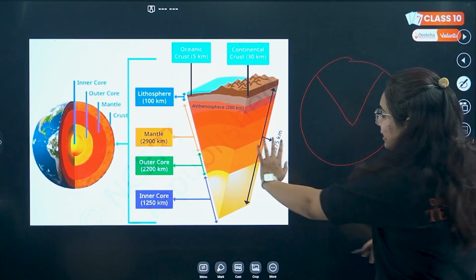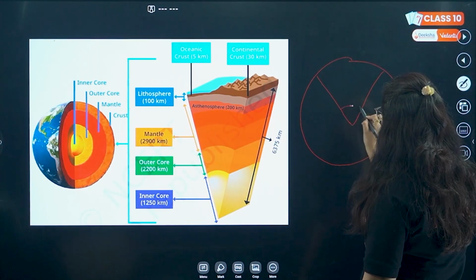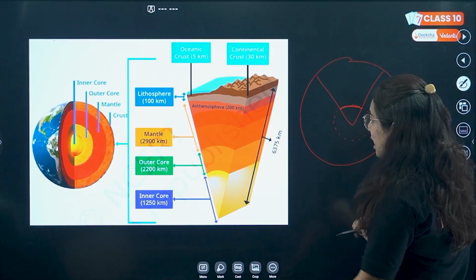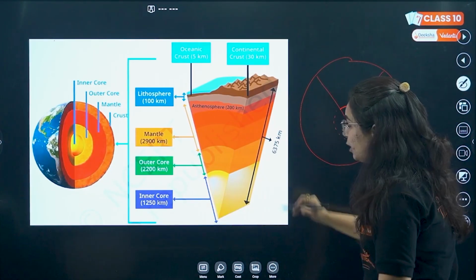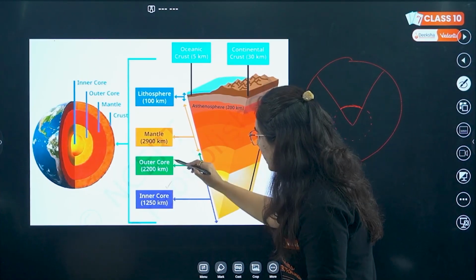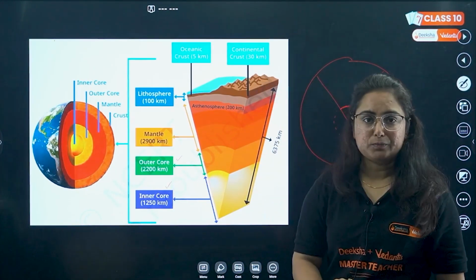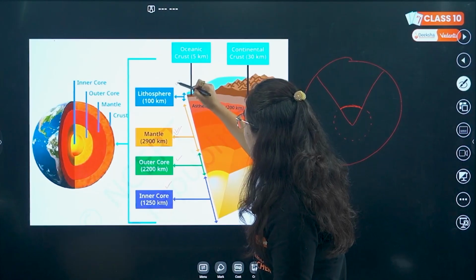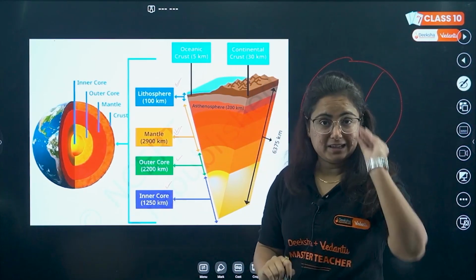We are telling with the help of this diagram that this is the core. In the core also there is inner core as well as outer core. Above this lies the mantle, and at the top lies the crust.